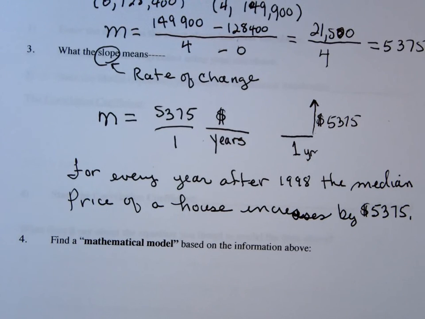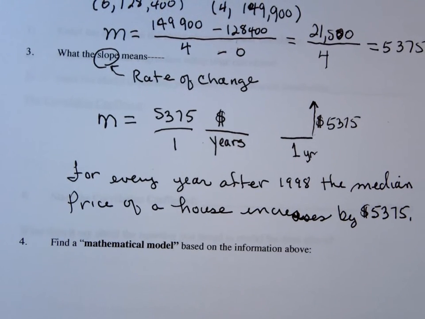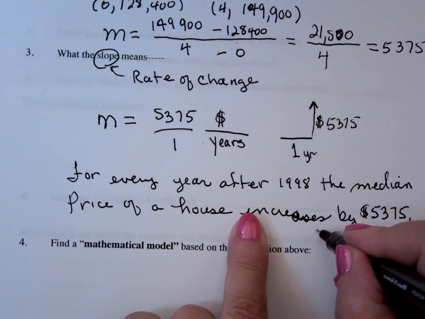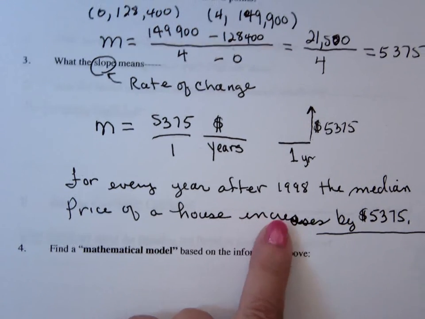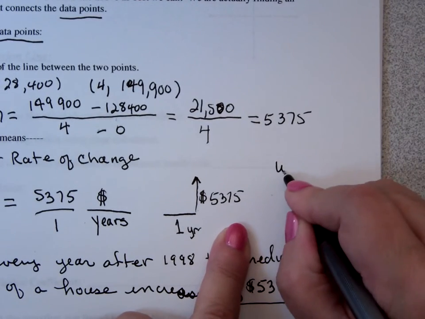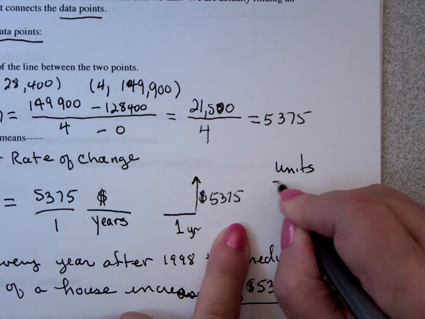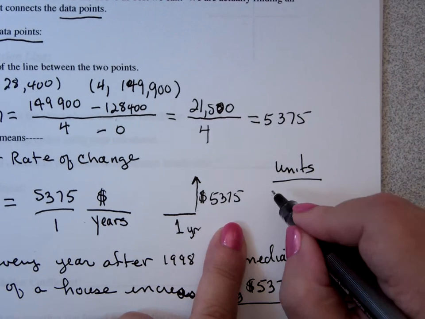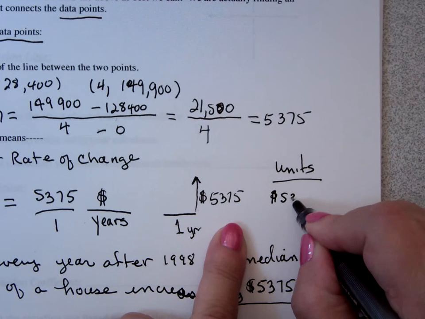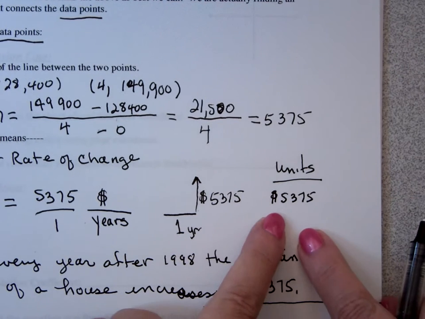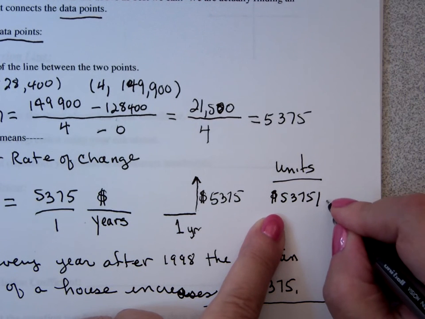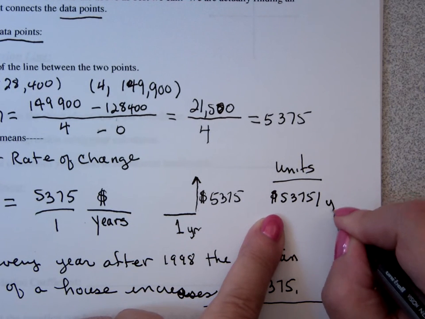And by the way, the units on this guy, if I were to look at units, and I'm going to put it up here because that's where I have space, because I'm going to always ask you to include the units. This would be 5375. Since it's dollars, I'll put the dollar sign. And then per year.